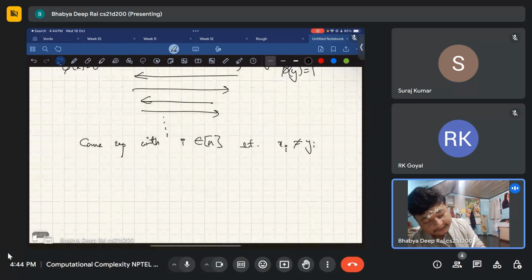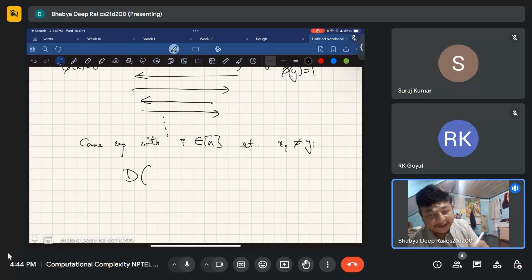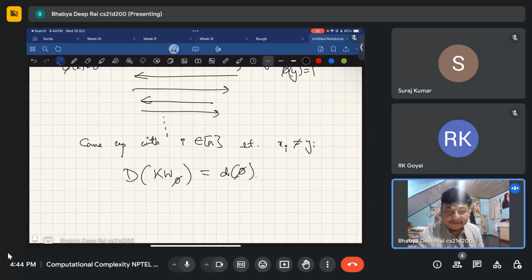The deterministic communication complexity of the Karchmer-Wigderson game, the number of bits I need to exchange to figure out the index, is equal to the depth of the circuit phi.